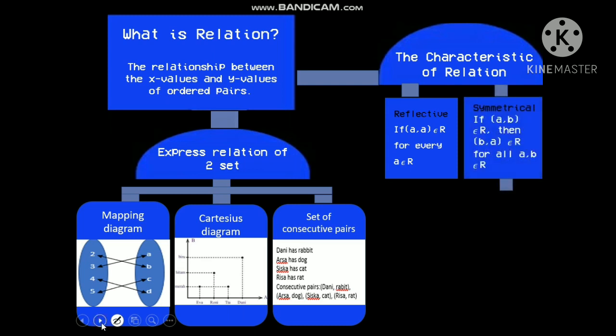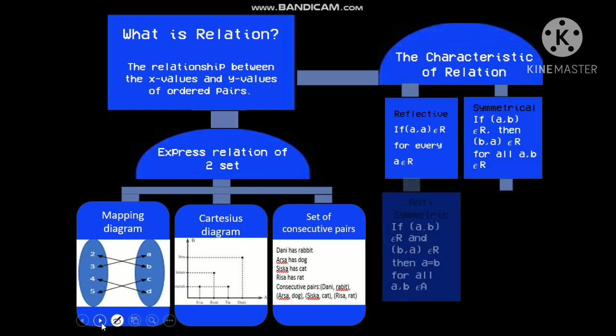The second is symmetric. We can say the relation is symmetric if (a, b) belongs to R, then (b, a) belongs to R, for all a, b belonging to the set of real numbers.